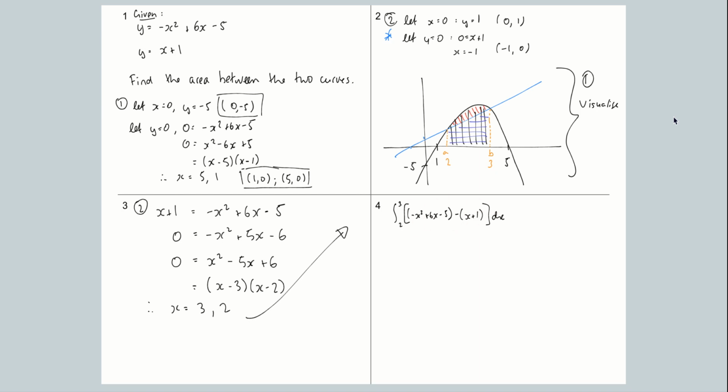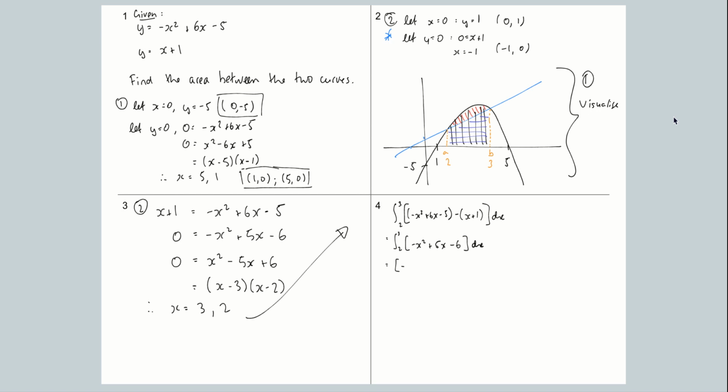And it just makes it a little bit simpler in the end, but you don't have to, because it just means I've got a simplification step here. And that is, I've got negative x squared, and I've got 6x minus x, so I've got 5x, and minus 5 minus 1 is minus 6 with respect to x, which I'm now going to integrate.